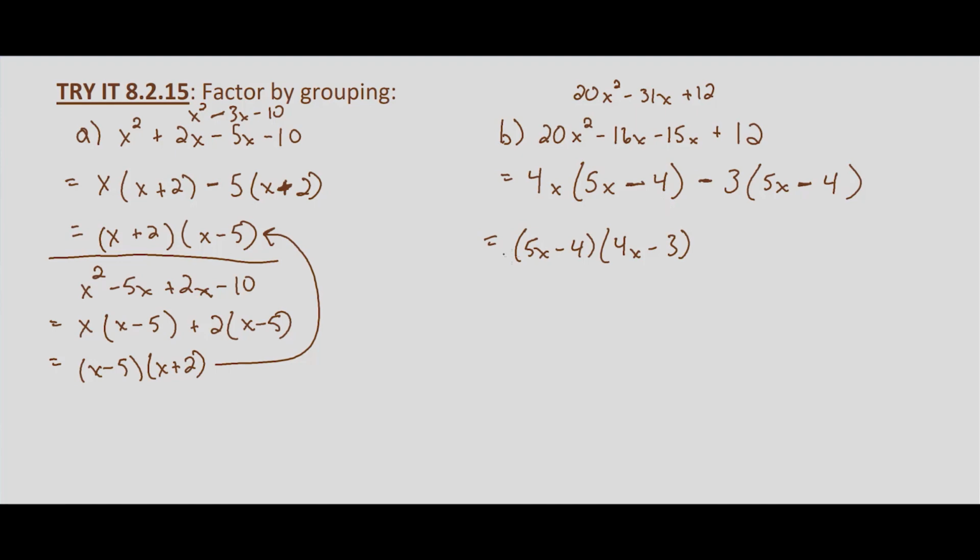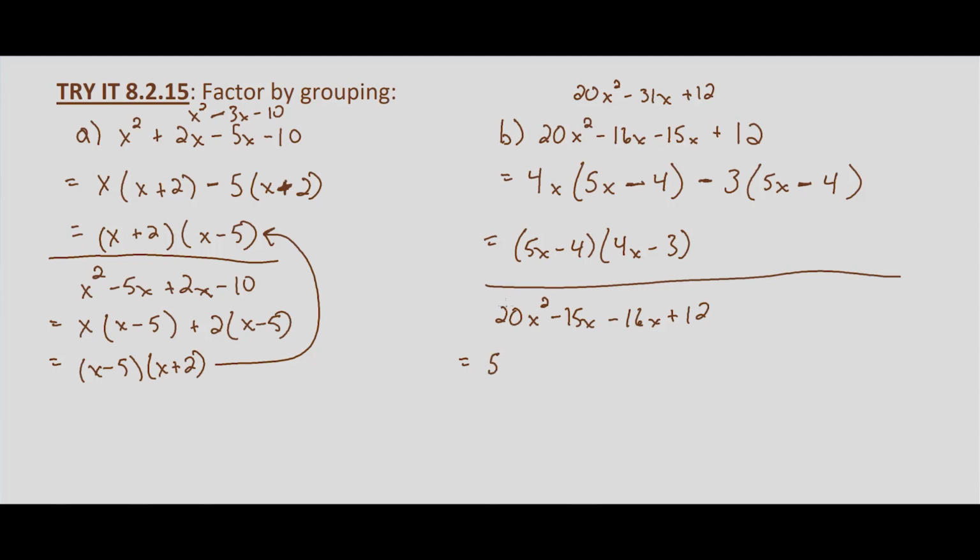And again, as a check, I'm going to go ahead and rewrite the order and make sure I end up with the same thing. So 20x squared minus 15x minus 16x plus 12. I just reverse the order of the two middle terms. That equals, what's the greatest common factor of 20 and 15? That's going to be, again, 5.